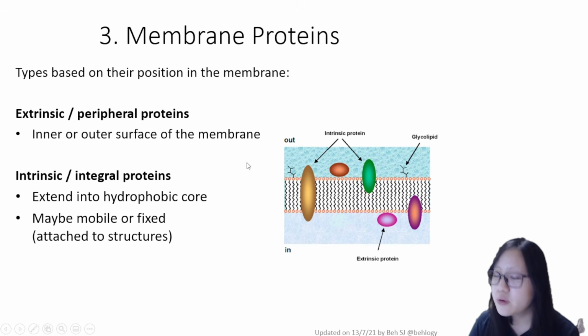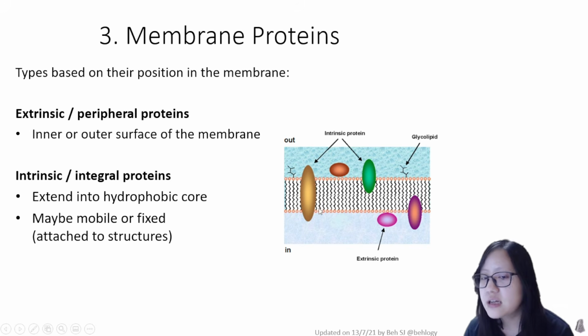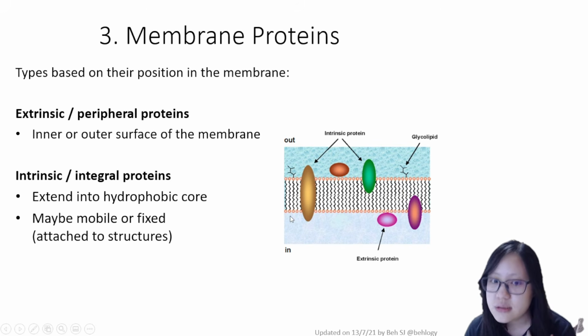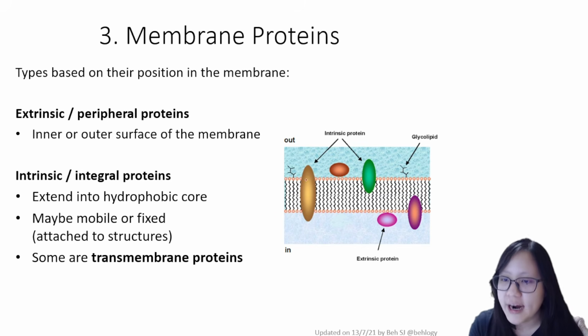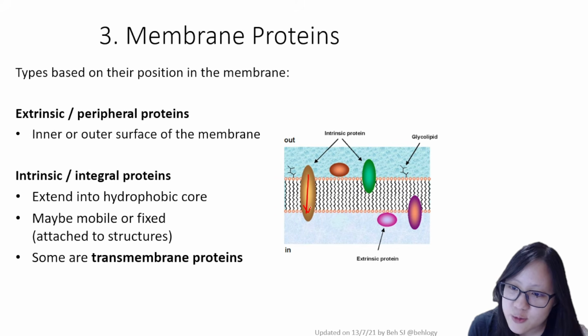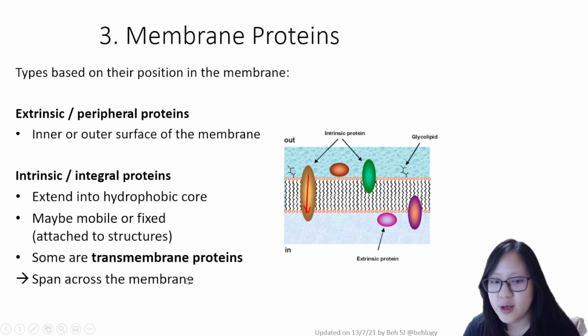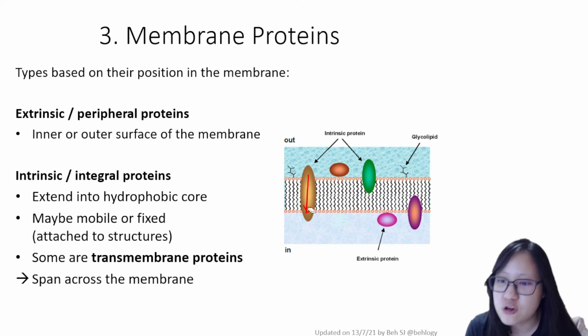Some proteins can move around laterally, like in the fluid mosaic model, but some are actually fixed structures, okay? And we have a special name for those that extend all the way from one side of the membrane to another. We call that spanning across the membrane. The special name here is transmembrane protein.